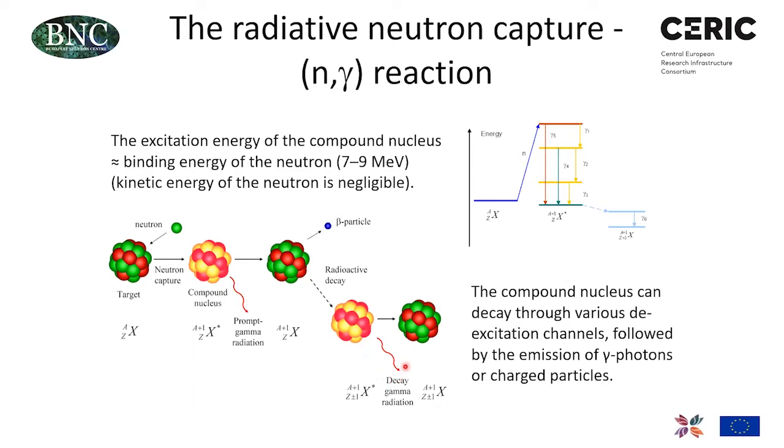And in this case, another kind of gamma emission is possible, but this doesn't come immediately after the neutron capture, like the prompt gamma radiation, but is governed by the half-life of the radioactive decay. And this is the basis of the so-called instrumental neutron activation analysis technique, while these prompt gamma radiations are used in PGAA.